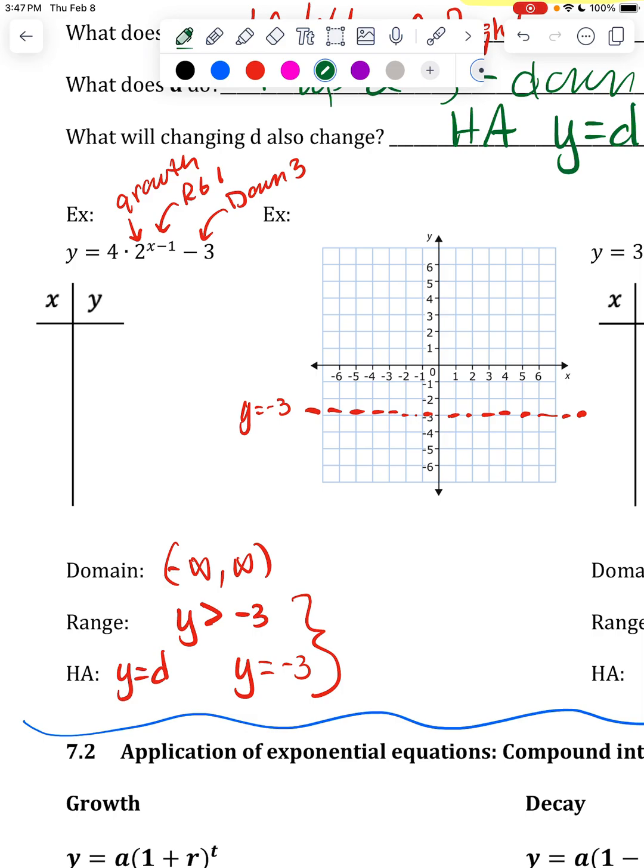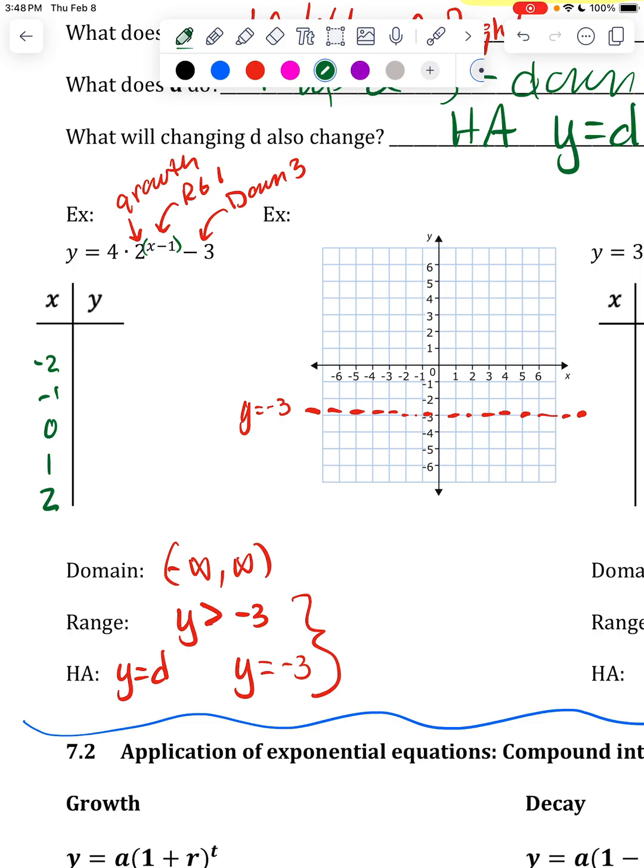Now, this is tricky to get into your calculator, and I don't know how many points you really need because you already know the shape of the graph. But say that you put in a couple of numbers. And when you type this in, make sure you're telling your calculator that that whole thing is in the power.